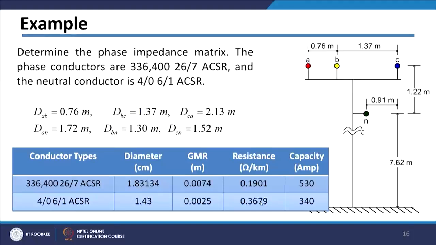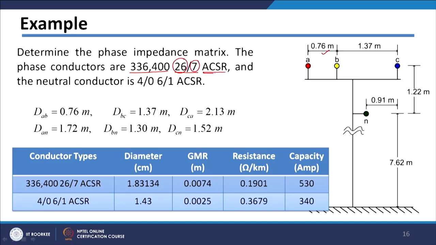So, in this example I have considered these distances, and the GMRs and resistance per kilometer required will be taken from the data sheets, because we know which conductors we have used for this system. For phase conductors we have used this 336,400, which is 26 by 7, means 26 aluminum conductor strands and 7 steel strands.